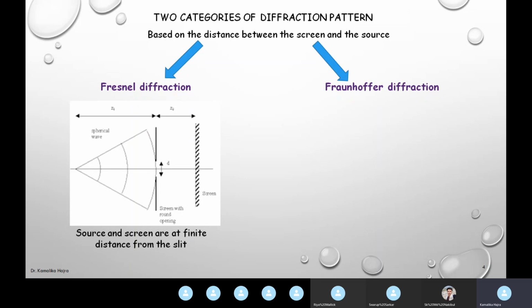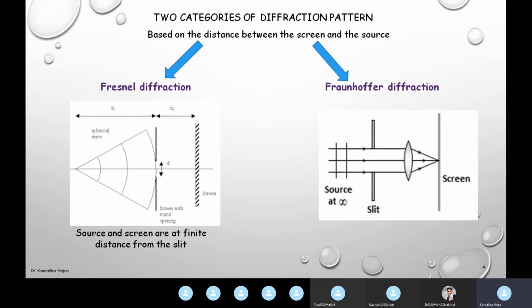It seems to be very obvious. In the laboratory, if you set up an apparatus, then the source and the screen will obviously be at finite distances from the slit, and therefore we in general observe Fresnel diffraction if otherwise stated.